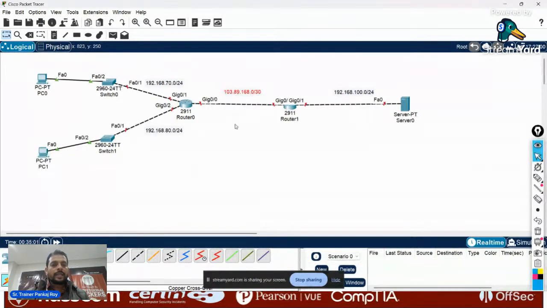There is router 1 and our AS number. This side AS number is AS 200 and the other is AS 100. Okay, these are two AS. So our network diagram and topology is designed successfully.